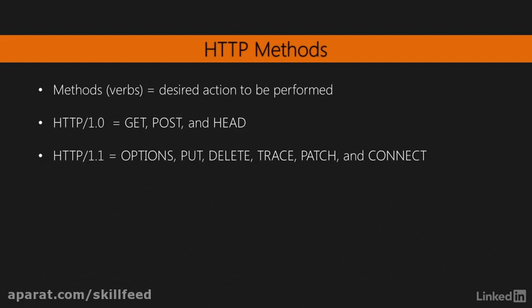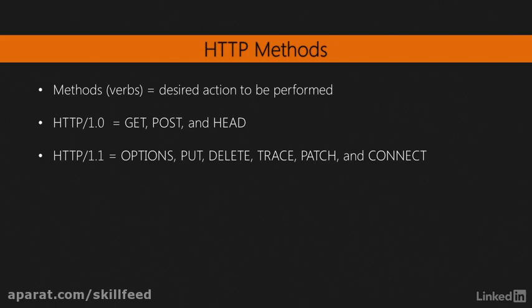Trace echoes the received request so that the client can see what changes or additions have been made by intermediate servers. Connect establishes a tunnel to the server identified by a given URI, used by HTTPS.